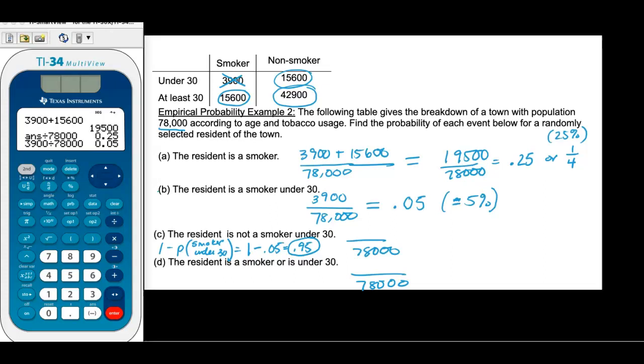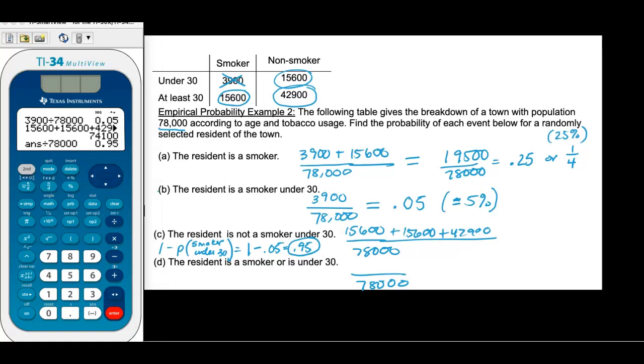So we take all of those other numbers, the 15,600 plus the 15,600 plus the 42,900, and those go over the 78,000. You can see this is much longer to do it this way. But we still end up with that same answer of 0.95. So you can see the rule of complements definitely makes things a little bit quicker.